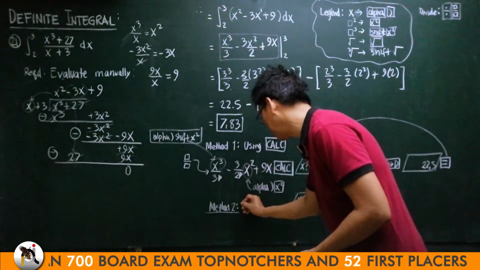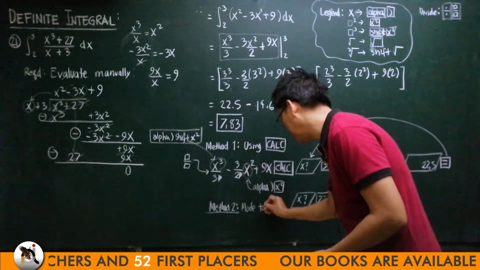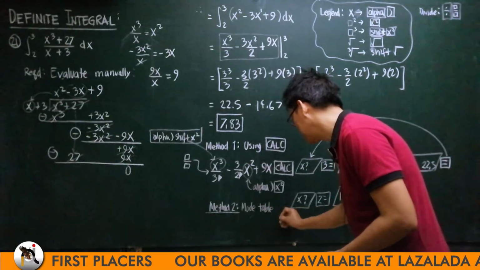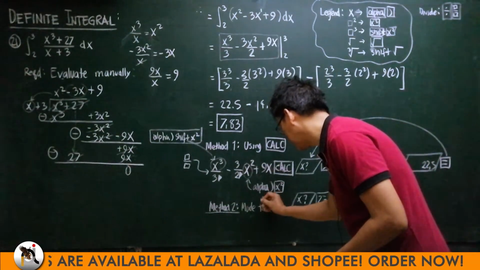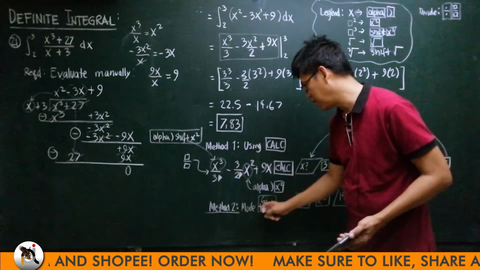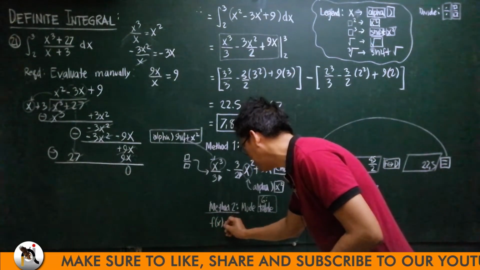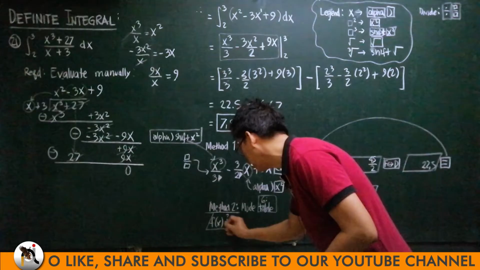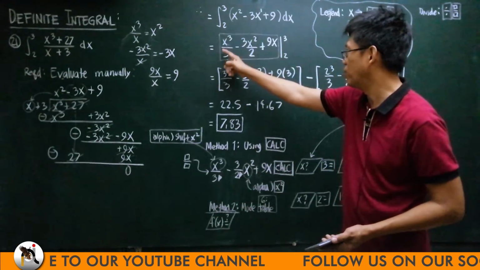Using mode table. Table in Canon is mode 6. This is mode 6. That is the mode table. Once you press mode table, your calculator will ask you what is your function of x. You just input this function, this one.